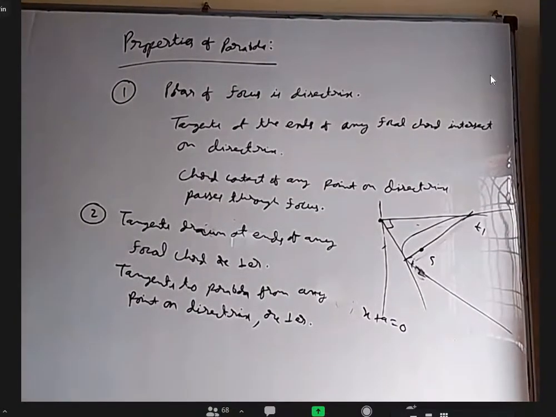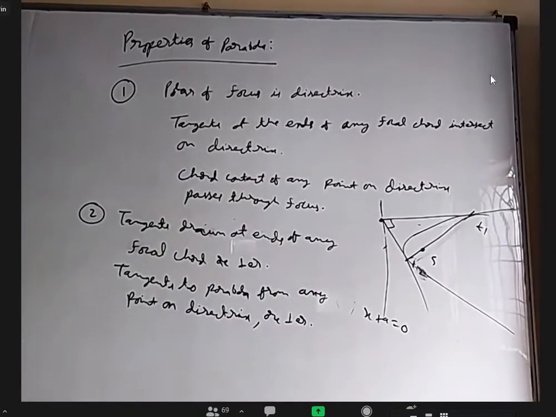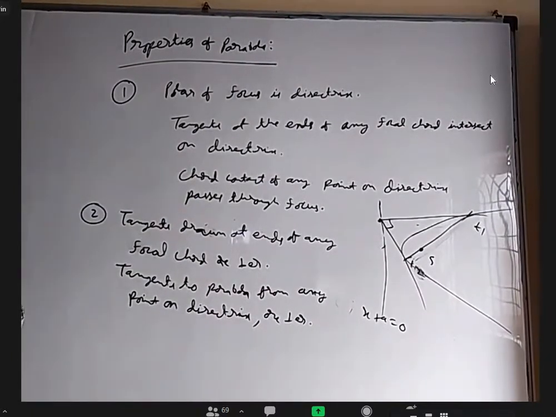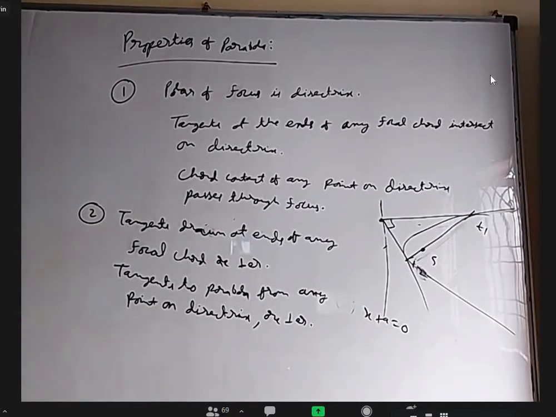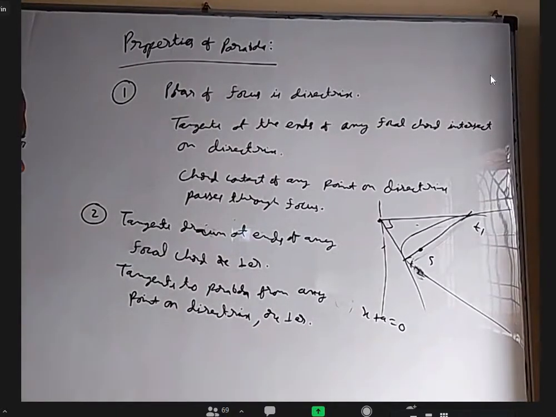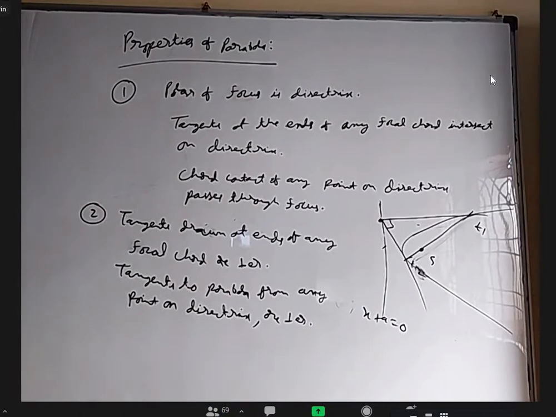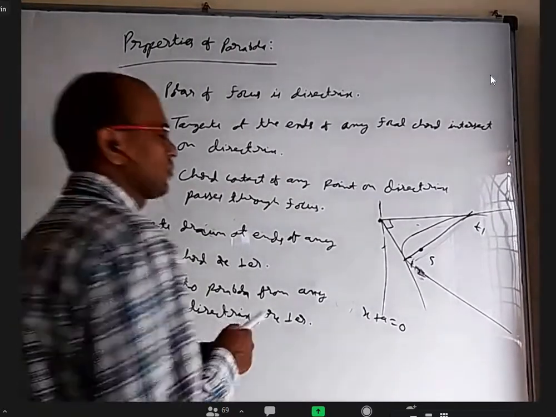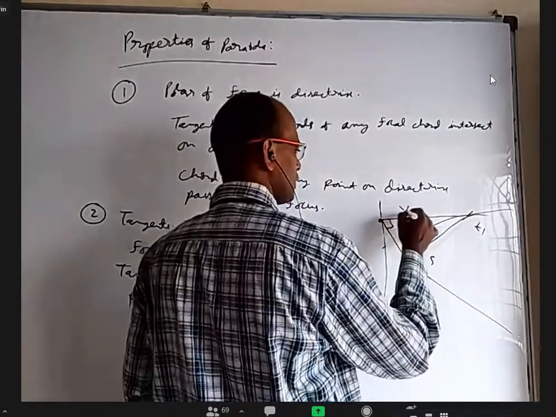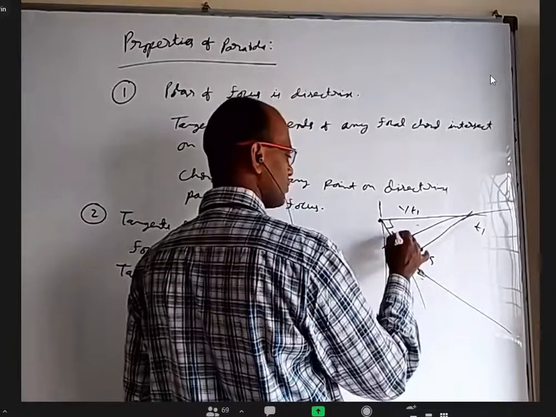How did I prove this? Anybody want to tell? How to prove that they are perpendicular? What is the slope of the tangent at t1? 1/t1. And the slope of the tangent at t2 is 1/t2.